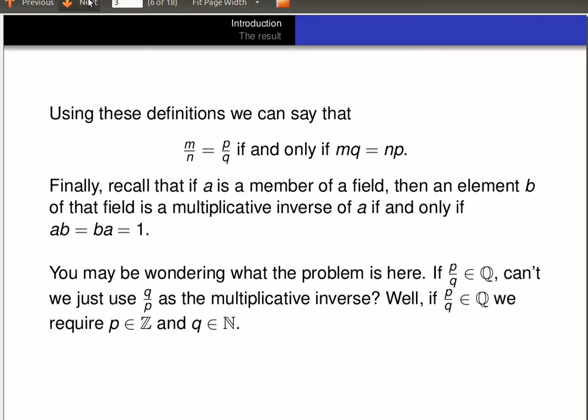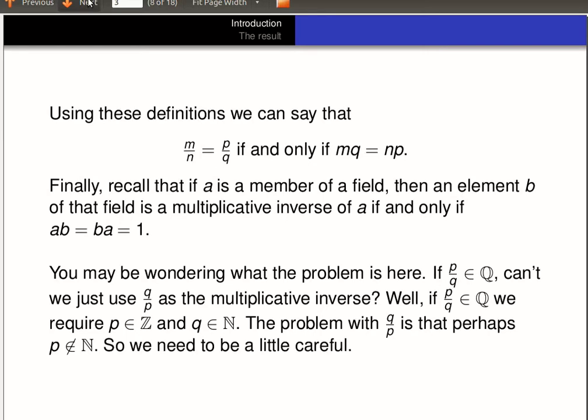So our denominator has to be positive the way we've defined it. But maybe p is a negative integer, so maybe p is not a natural number. It's not a hard problem to fix, but it's something we have to be careful about. And we'll do that as shown in the proof.